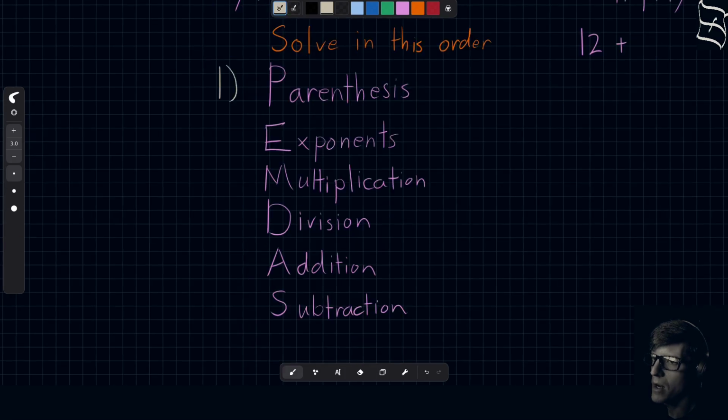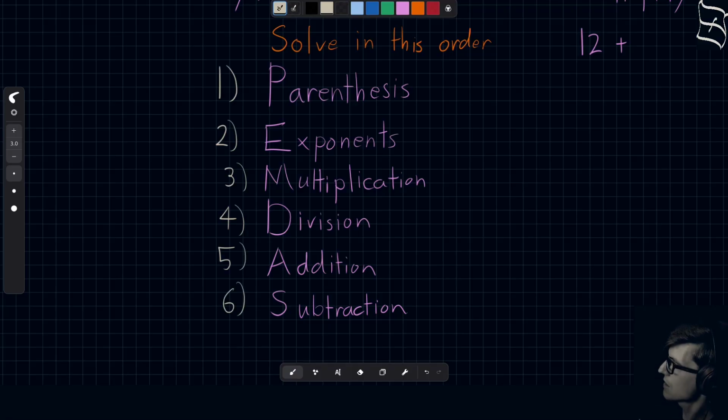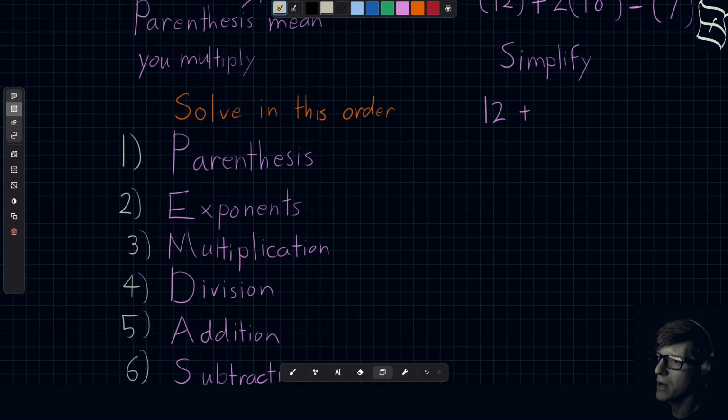So step number 1, we make sure that all of our parentheses are taken care of. Then we make sure that we have taken care of our exponents. Then we multiply. Then we divide. Then we add. And finally, we subtract. That's the order in which we perform our arithmetic operations.